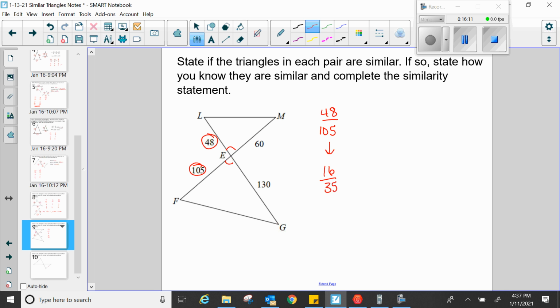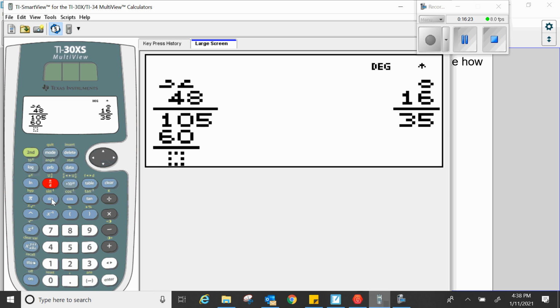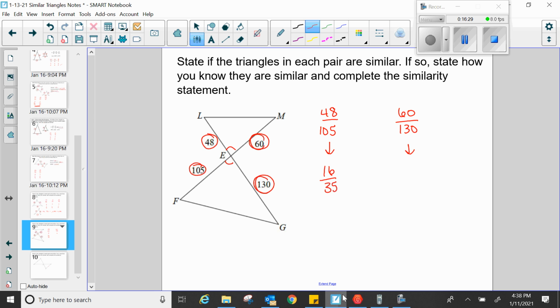Okay, so then the other pair that match would be the 60 and the 130. And let's see. So 60 over 130, that's 6 over 13 when it reduces.